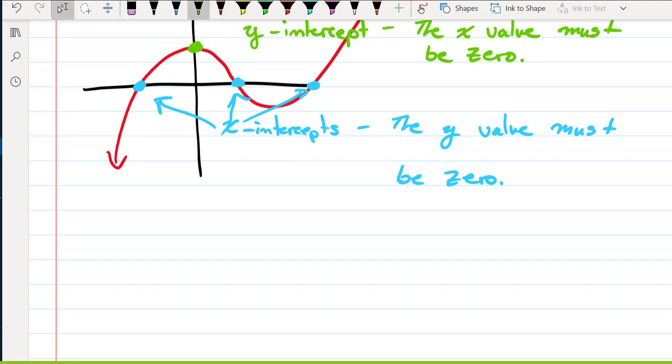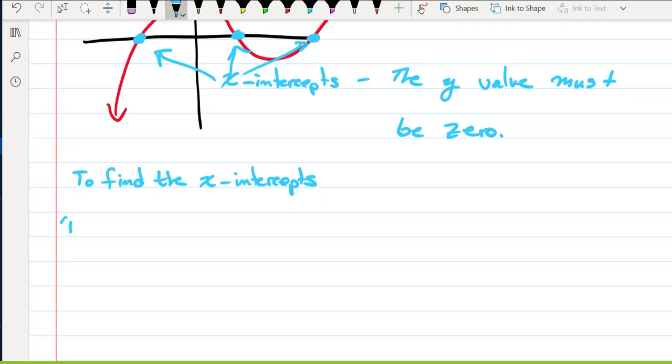So to find the x-intercepts, the first thing we need to do is, 1, we're going to set y equal to 0. And then 2, we're going to solve for x.